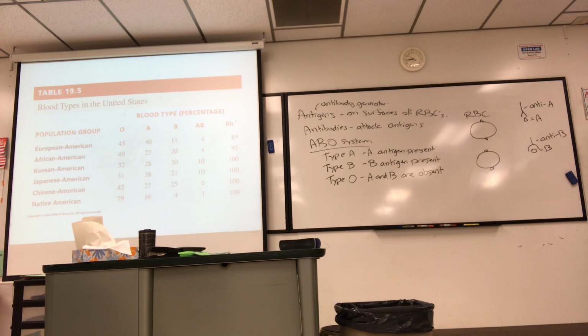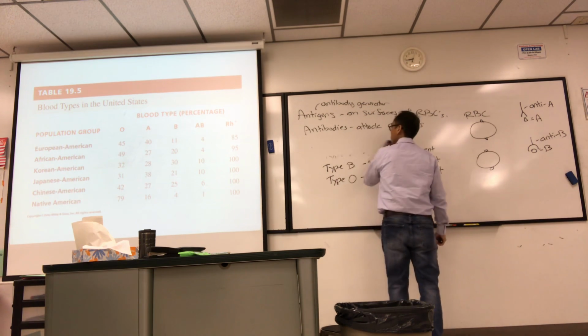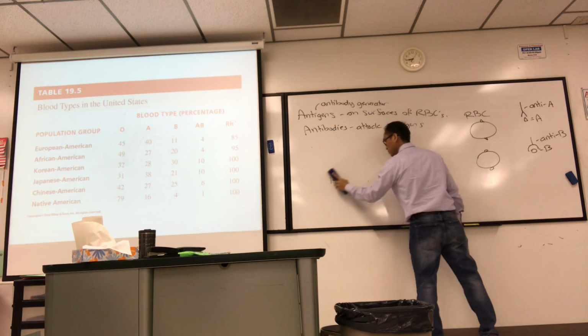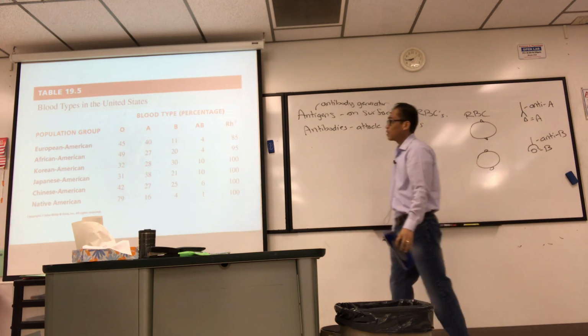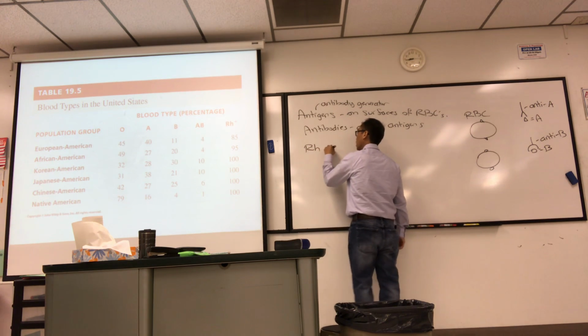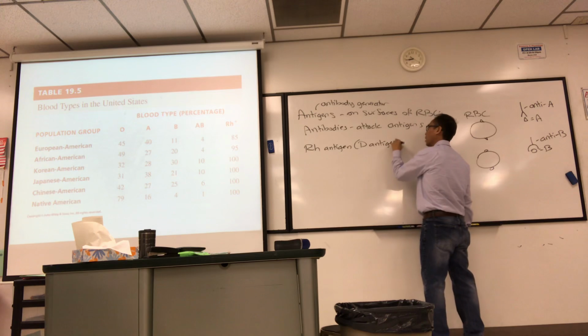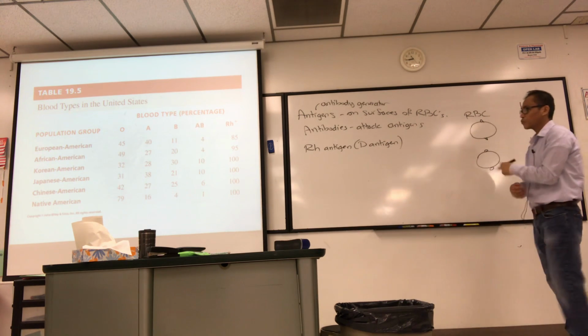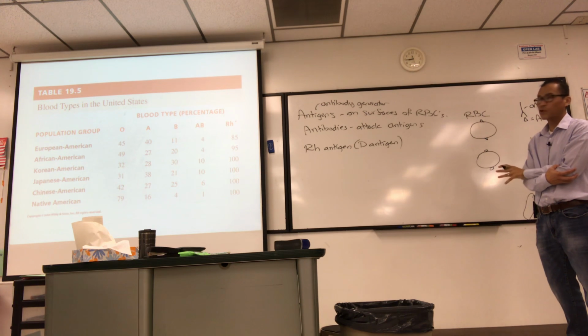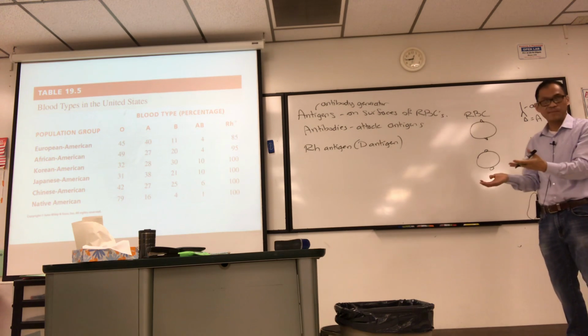The other antigen system that seems to be important for blood transfusions is RH. The RH antigen is sometimes called the D antigen. It was first discovered in rhesus monkeys, hence the RH. We still use the term RH, but they use plus and minus and combine it with the ABO system.